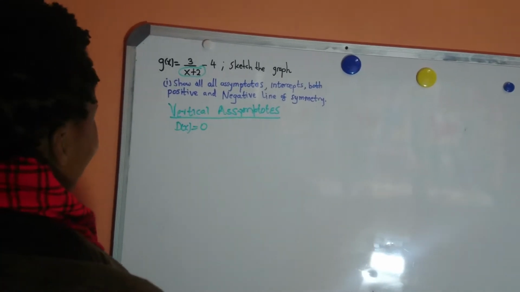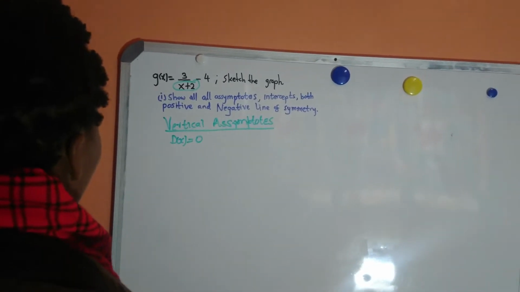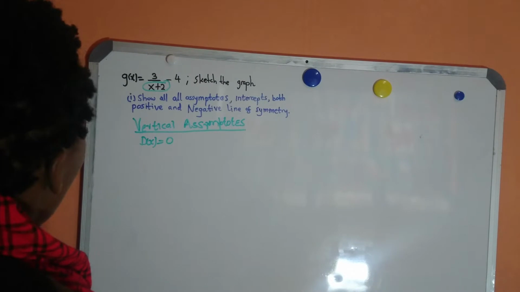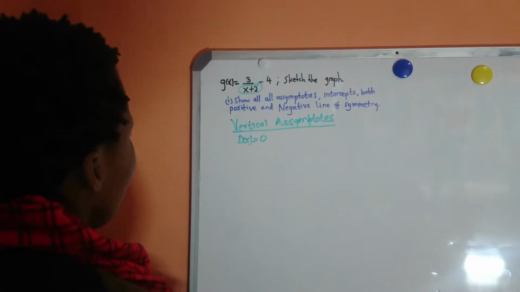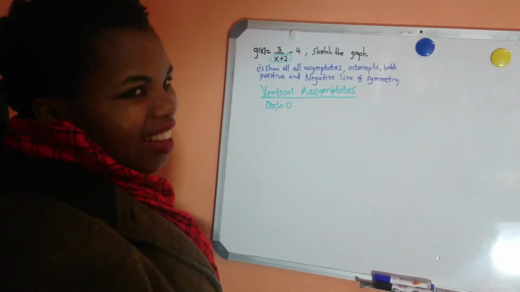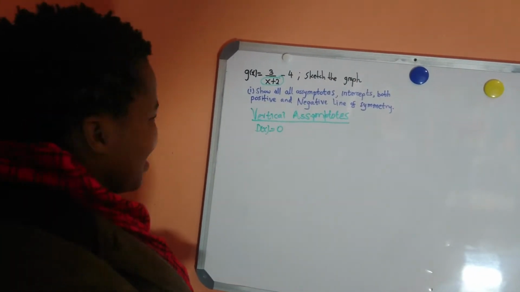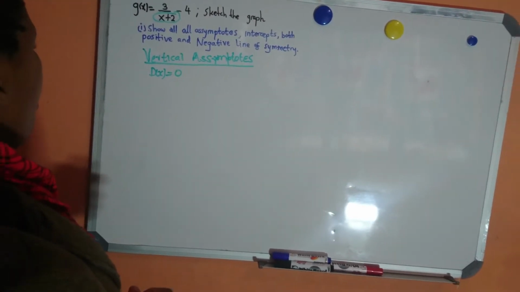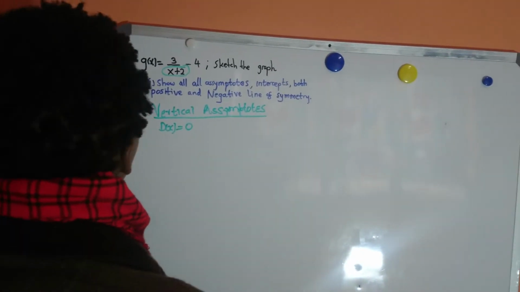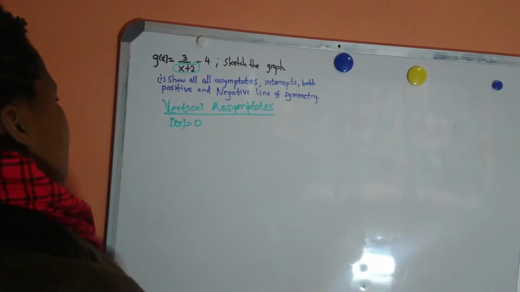The vertical asymptote comes from the denominator. Okay, the denominator of x. So that's how you get vertical asymptotes.